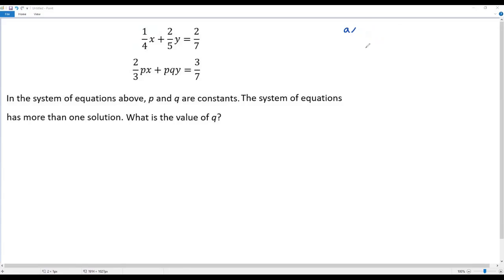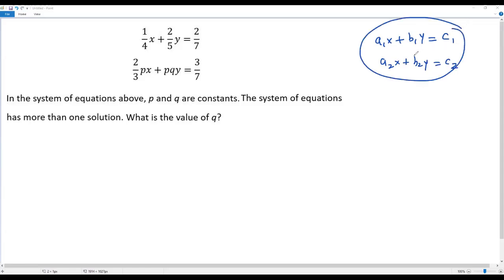Okay, now let me consider two linear equations in standard form in the system. That is a1x plus b1y equals c1 and a2x plus b2y equals c2. So here we have two linear equations in standard form. Now let's consider two scenarios for this system. One is no solution for this system and the other one is infinitely many solutions.